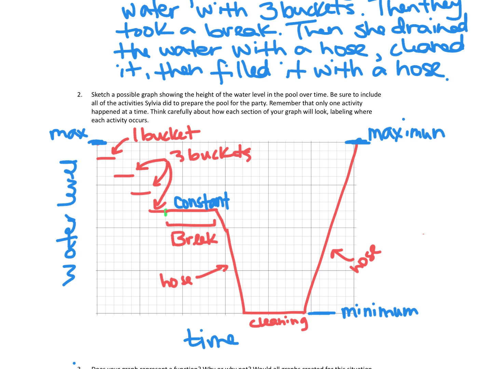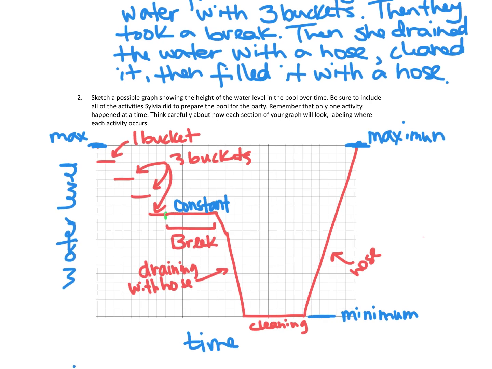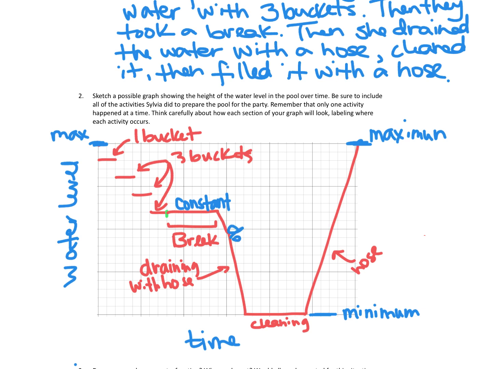And when they're draining with the hose, I probably should write that in here, draining with hose, then that's called a decreasing slope, right? It's decreasing, going down. And then over here where they're filling with the hose, let me add in that, filling with hose, it's called an increasing slope.